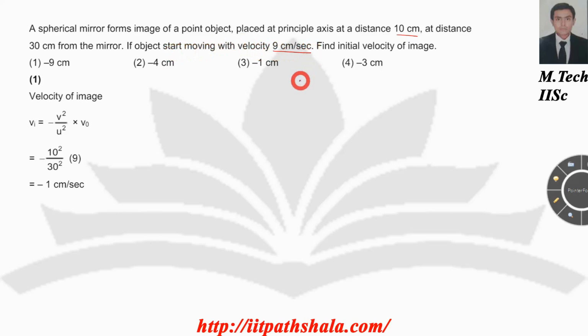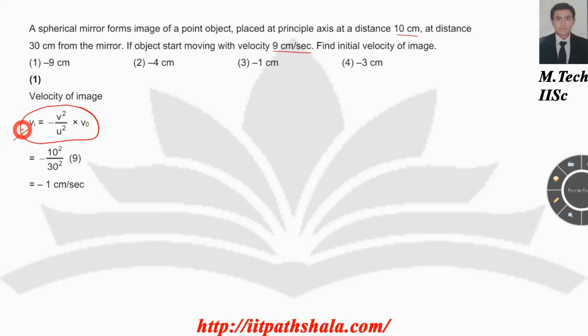9 centimeter per second. Now if you know the derivation of calculating the expression of the velocities from the mirror formula itself, then well and good. If you don't know, then I can give you the direct result of the derivation itself. Put everything over here.